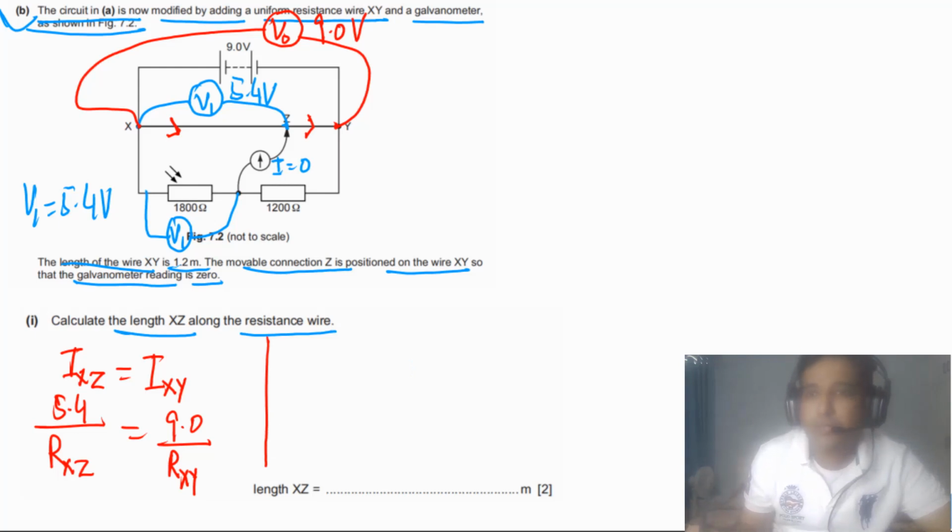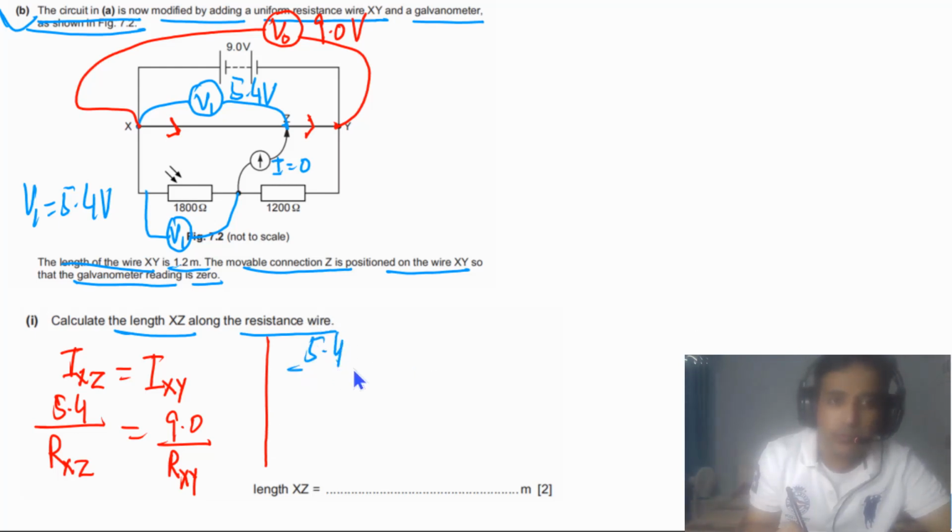Now from here we can write down 5.4 divided by resistance of this part of the wire, that will be equal to rho LXZ divided by A. And here we have 9.0 divided by rho LXY divided by A. From here you can see this rho we can cancel, this A we can cancel.